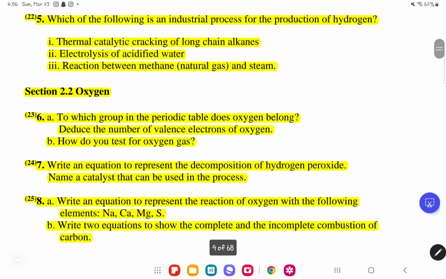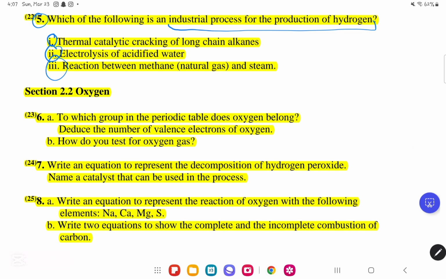We will move on to question number 5. In question number 5, they told us which of the following is an industrial process for the production of hydrogen. Okay, here we have some extra information about the production of hydrogen. First, we know that it's the reaction between methane and steam. Second, we know that it's the electrolysis of acidified water. And third, this is new information, the thermal catalytic cracking of long chain alkanes, this is also correct.